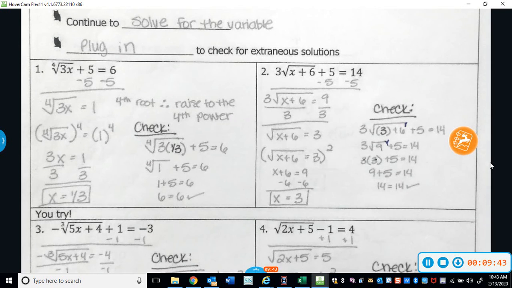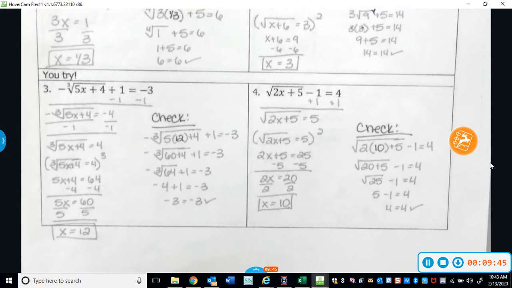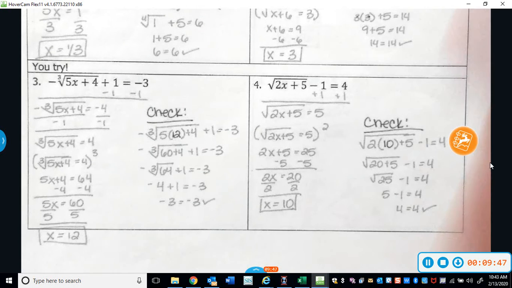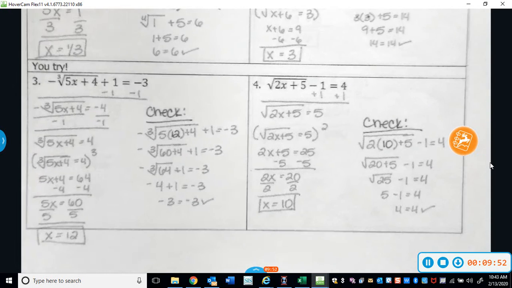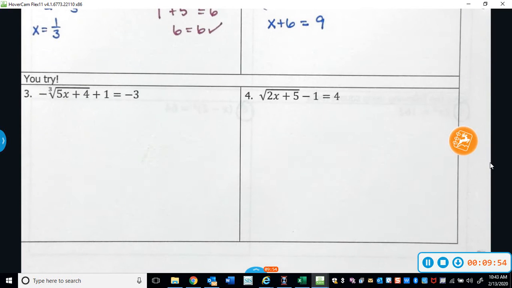Alright, so I'm going to scooch this up because I know some people have started on the try it problems. And I'll keep walking around, so if you need help, just let me know. But even if you don't finish these completely, we'll keep solving equations that have radicals, so we'll probably move on in a couple of minutes.